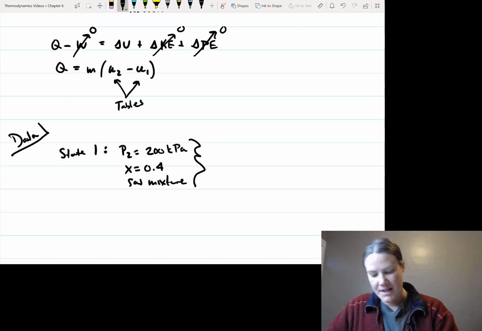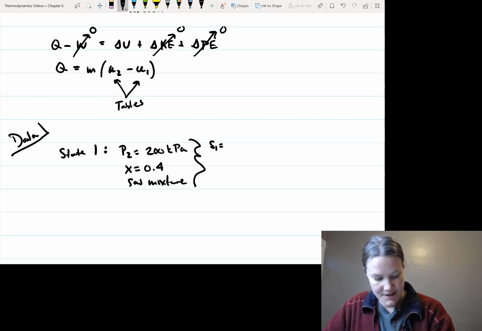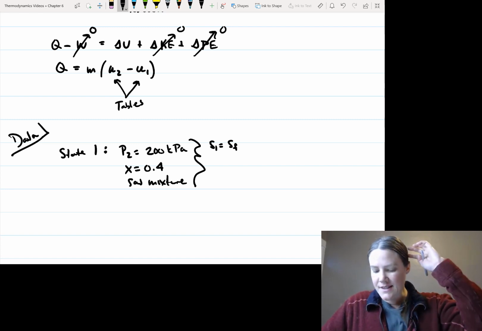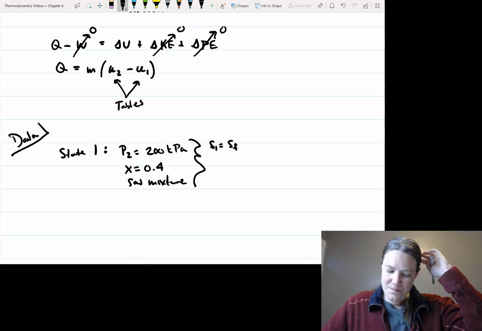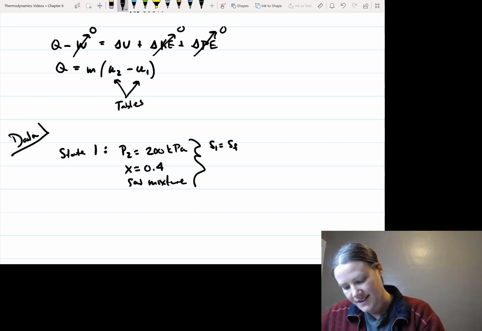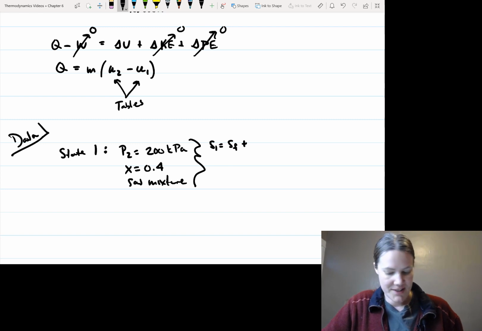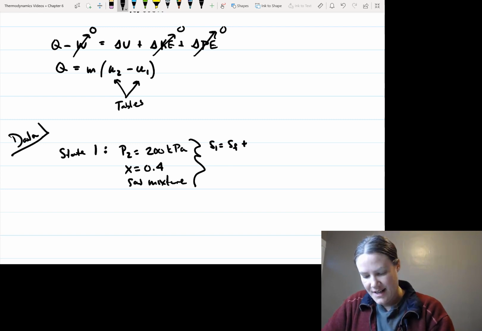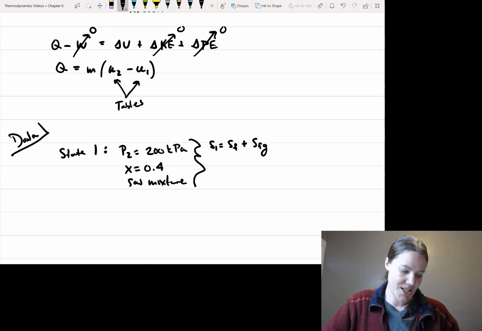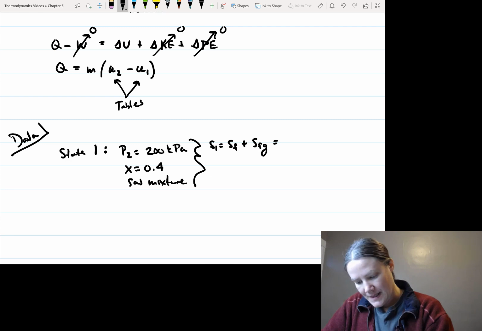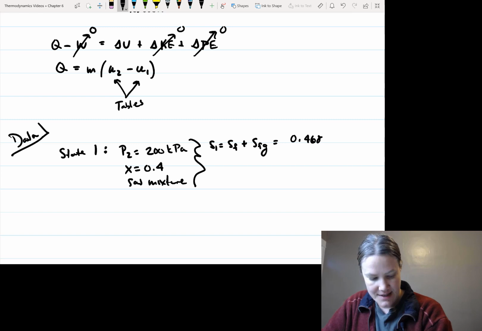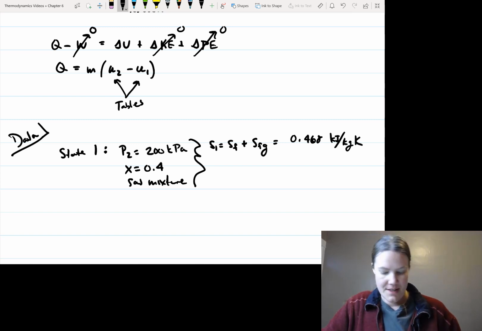Since entropy is a property, we can use this equation with the quality to calculate it. So S1 is equal to SF plus X SFG, and we're going to get SF and SFG off the table. So this is equal to 0.468 kilojoules per kilogram Kelvin.